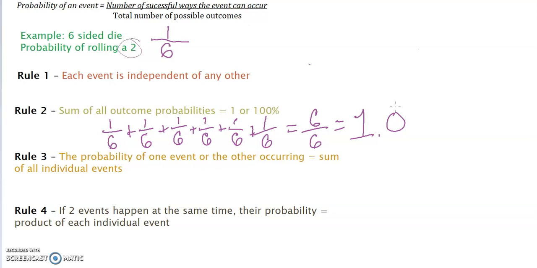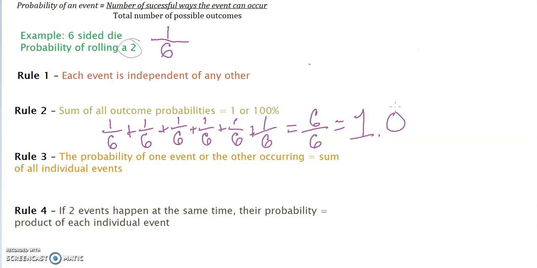Now the next 2 involve a little bit more math. These are called the addition rule and the multiplication rule, respectively. First, if we are asking about one event, that one event is not determined by the one ahead of it.